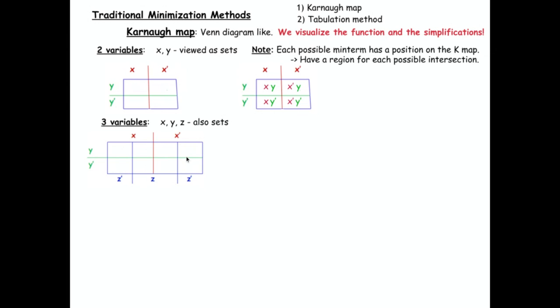But it shouldn't be. So the only way then we can connect it is to take this eccentric rectangle as a strip of paper, bend it around, and glue it in the back, right? So that it will become a cylinder. And that way, the z prime, complement of z, the four squares that are complement of z, will become contiguous.